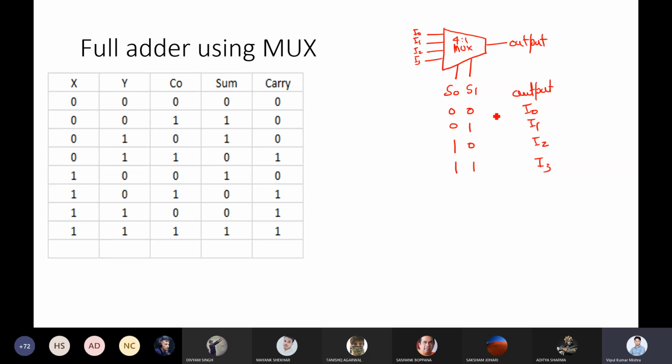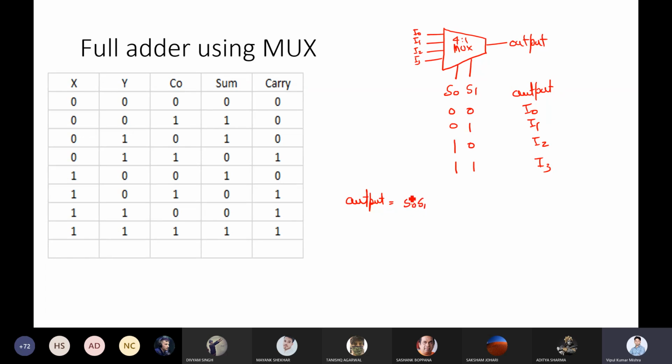Right. Now, in order to make this mux, you can write a functionality. Let's say this is the output, and if you want to write an equation for this, it is very simple.